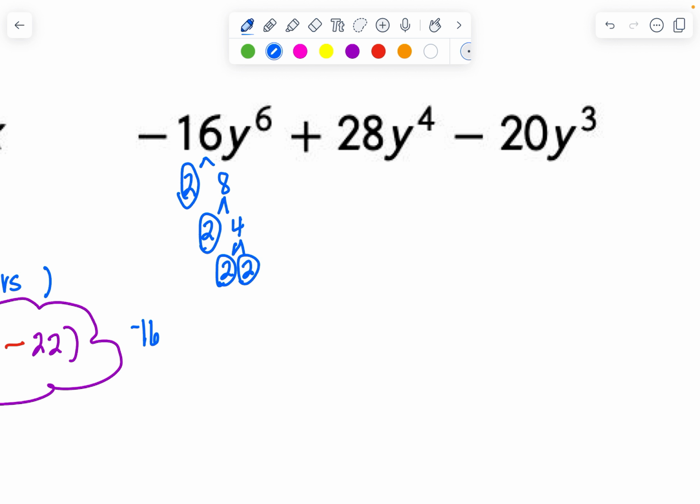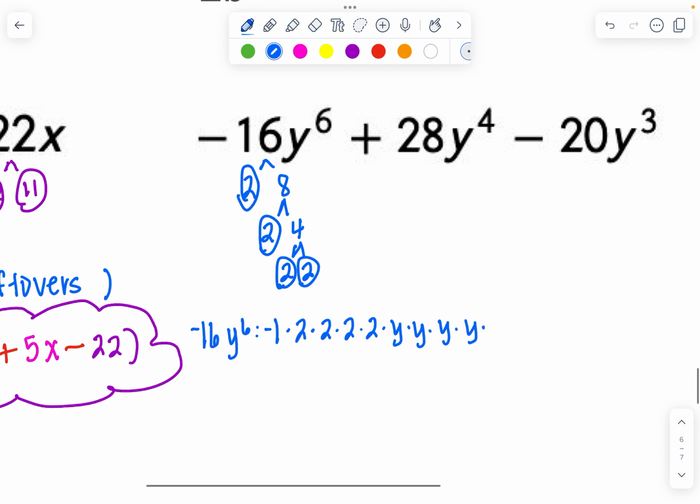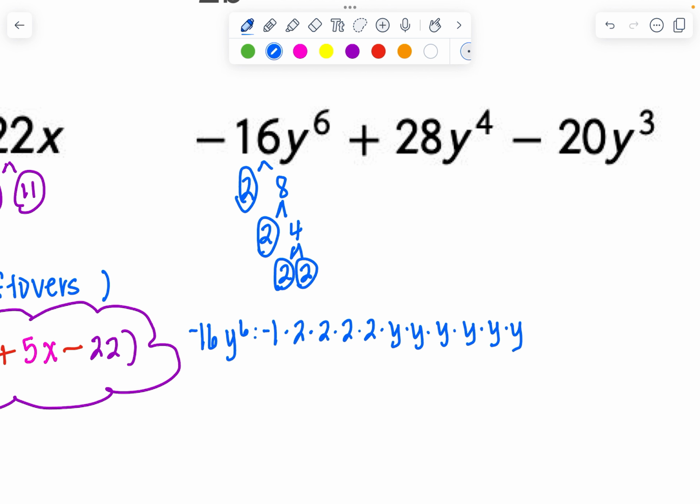So negative 16y to the 6 breaks down into, actually, let's put the negative 1 out here first. Negative 1, and then 2, 2, 2, 2, y, y, y, y, y, and y.